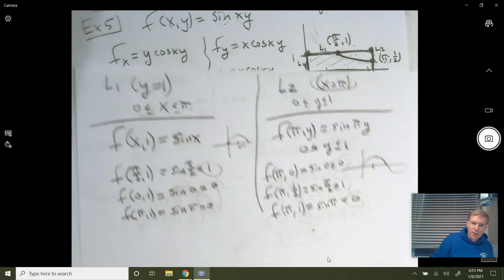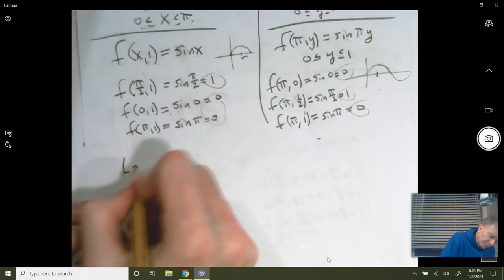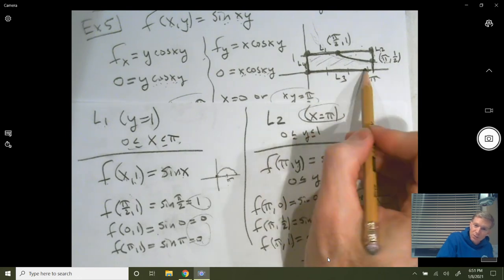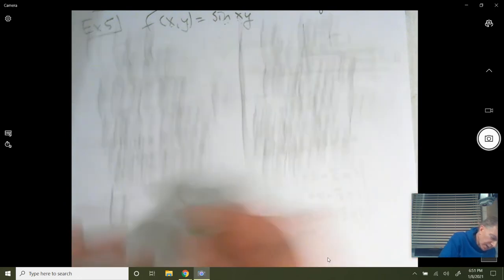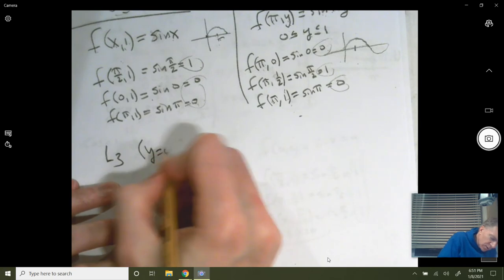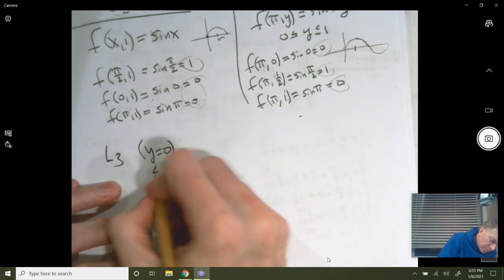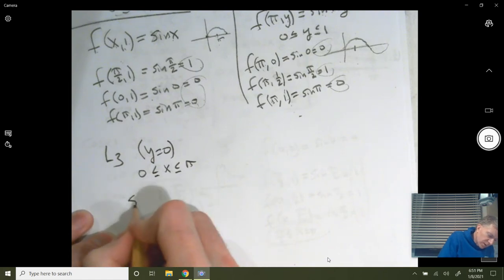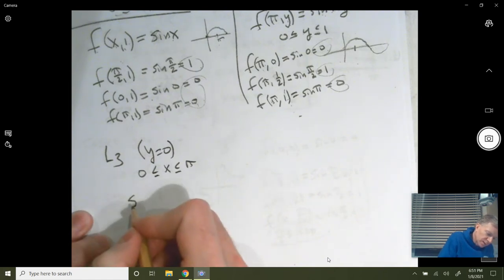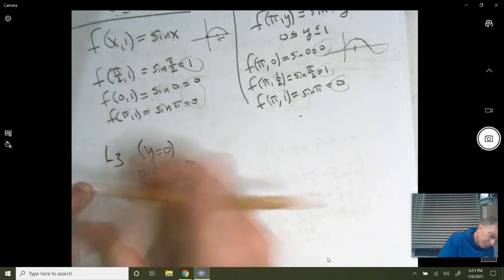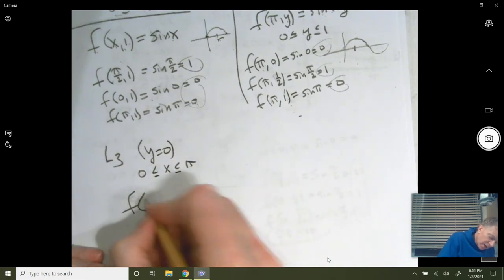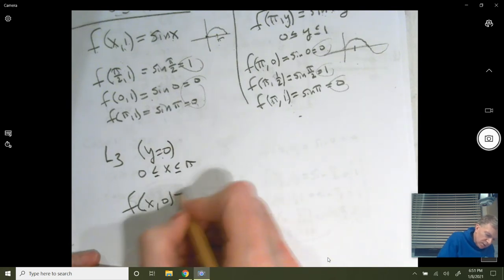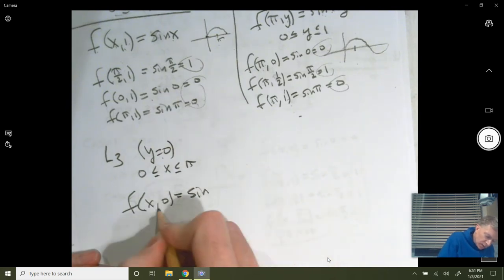So on L3 is here. We know that the y value is always 0, and x goes from 0 to pi. This is a little bit easier. Our function is f of x comma 0, because we know the y is always 0 on this boundary, equals sine of xy, sine of 0.